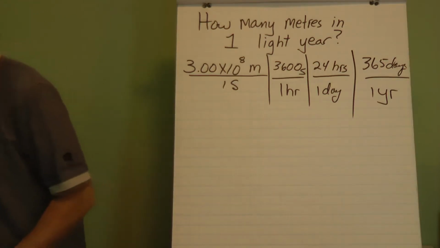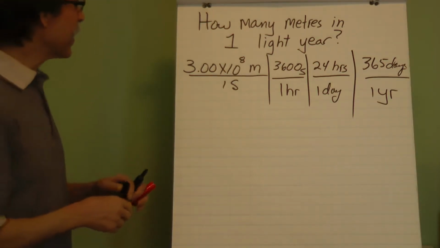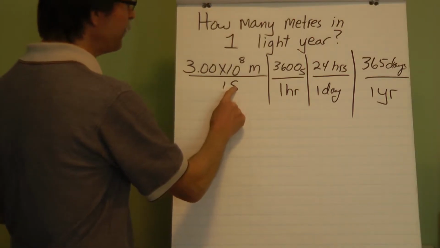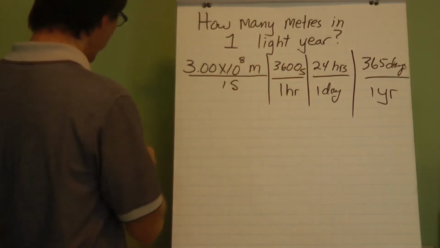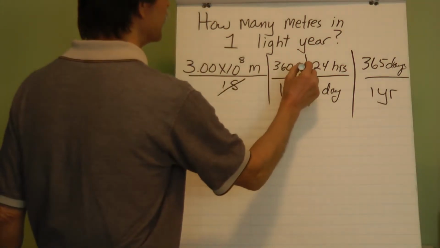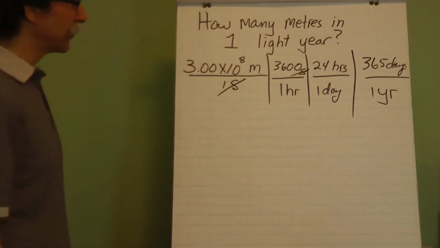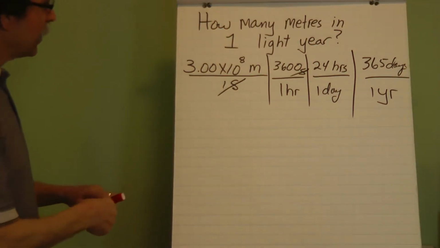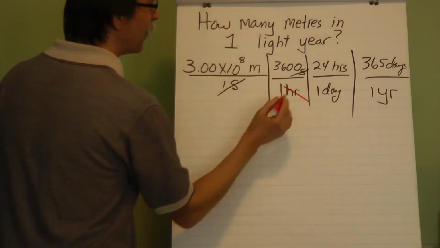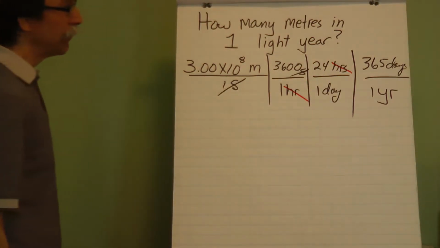So let's take a look at what we have here. We have seconds on the bottom, seconds on the top. We're going to cancel those, just like numbers in a fraction question. So we'll cancel those units. We have over here hour on the bottom and hours on the top.